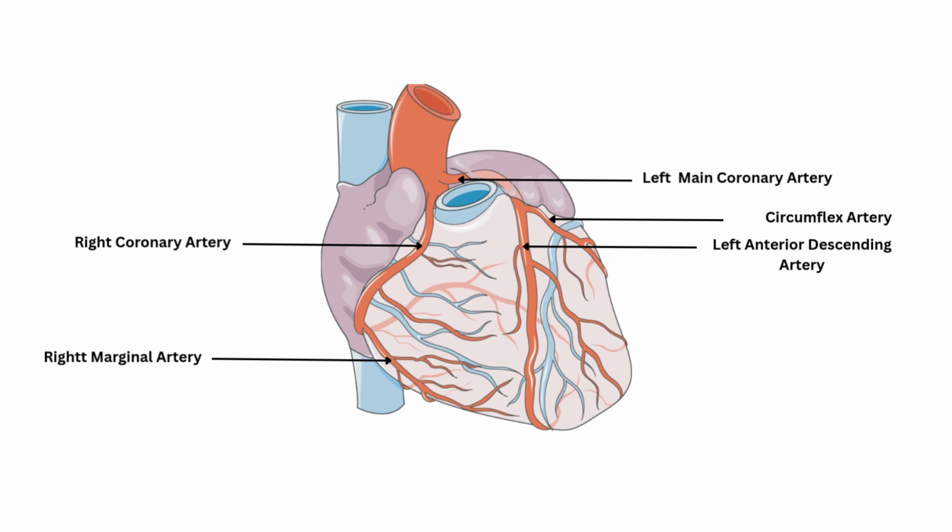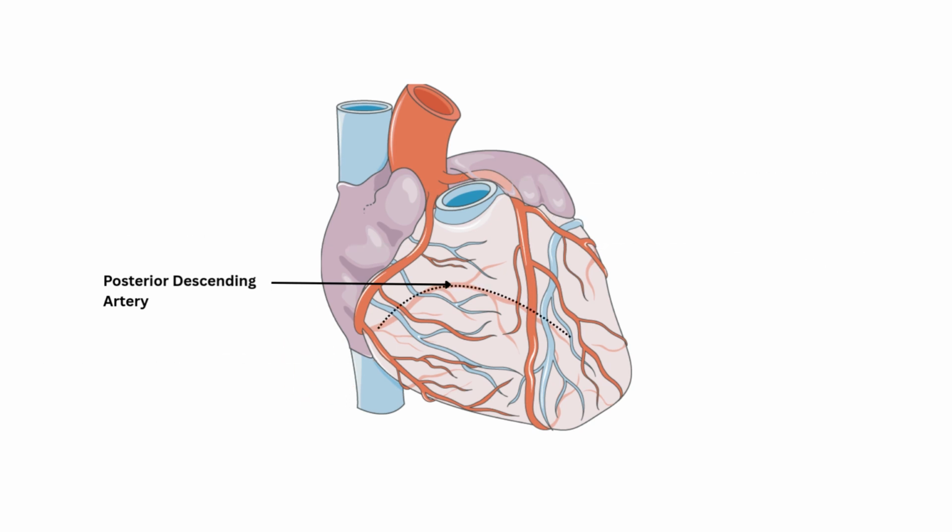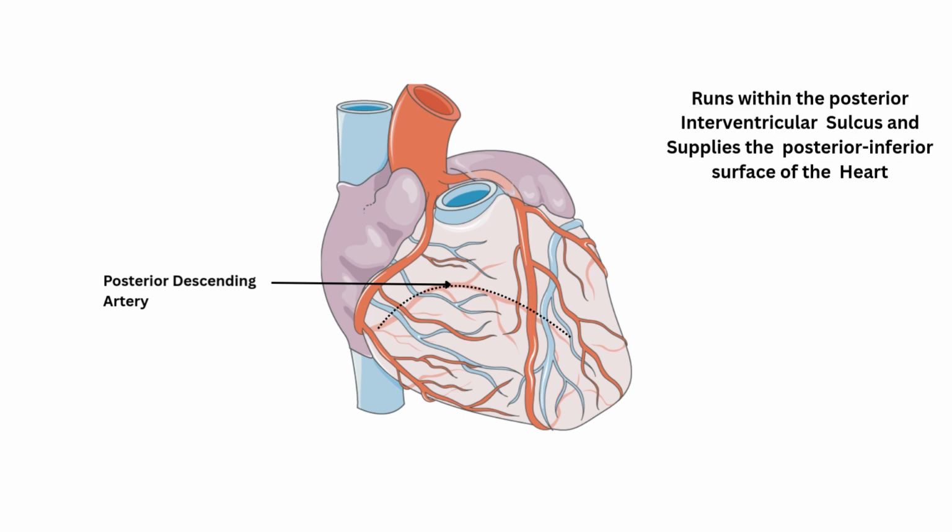And finally, the right coronary artery wraps around the heart posteriorly to give the posterior descending artery. So now, while the arteries we've discussed so far cover the front and the sides, the posterior descending artery is the primary supplier for the back and the bottom third of the heart.